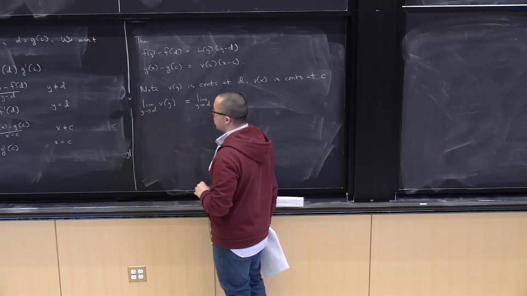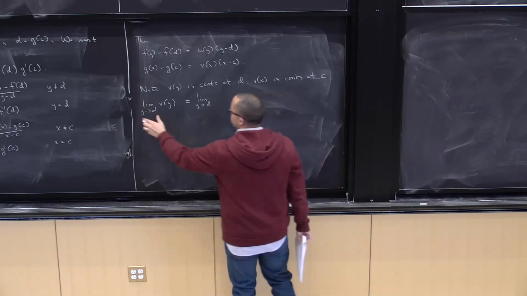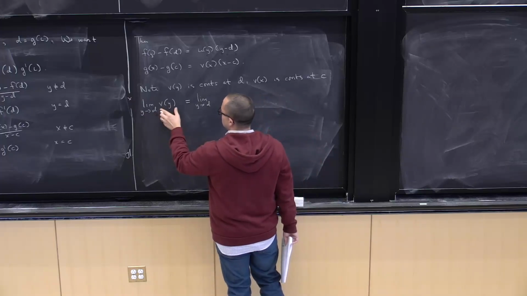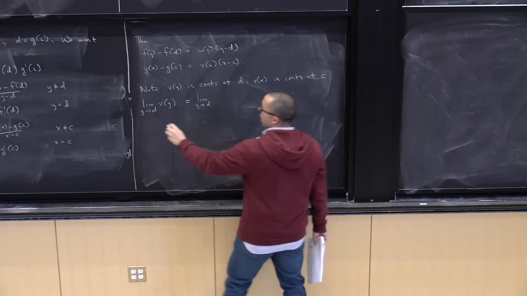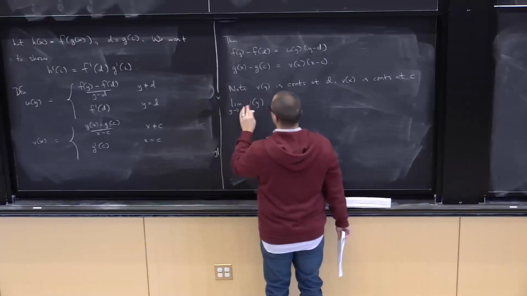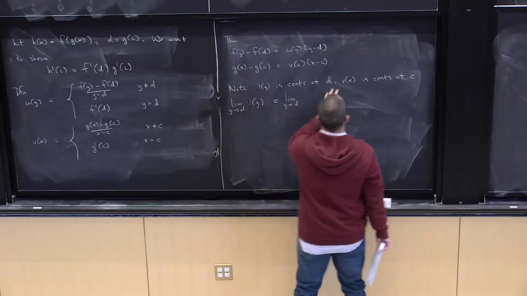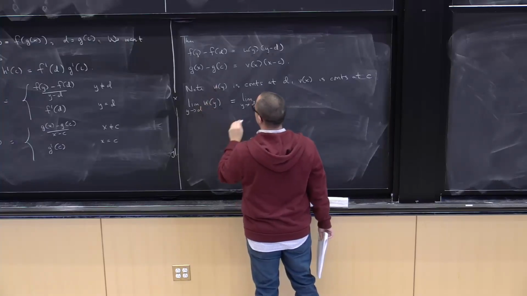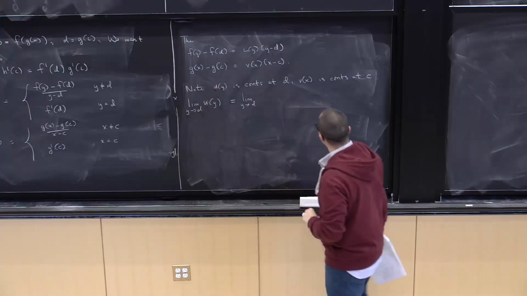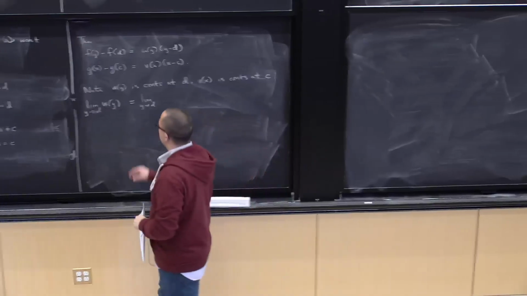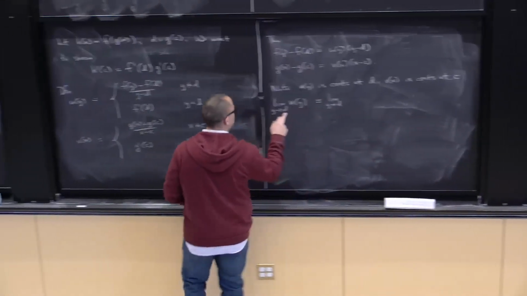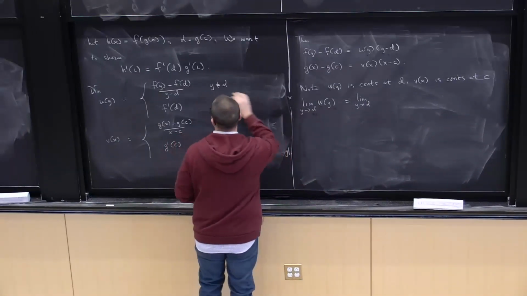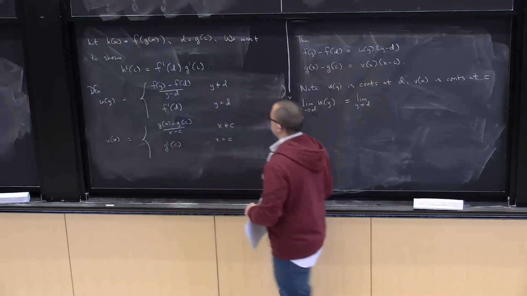And so when y is near d and not equal to d, u of y is given by this expression, right?